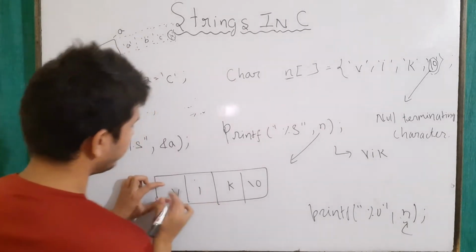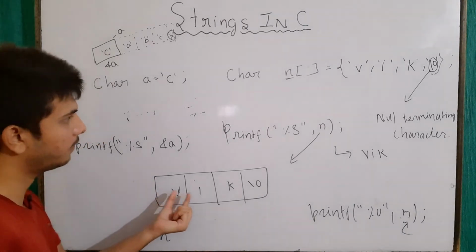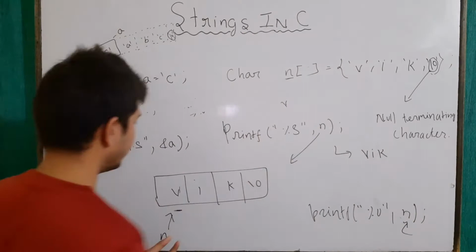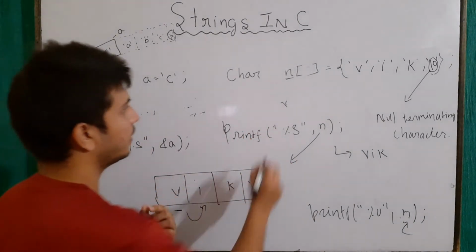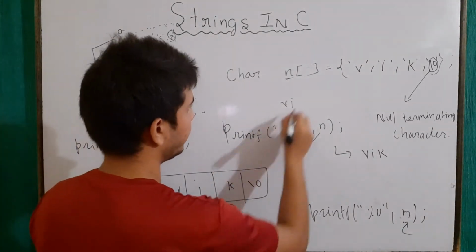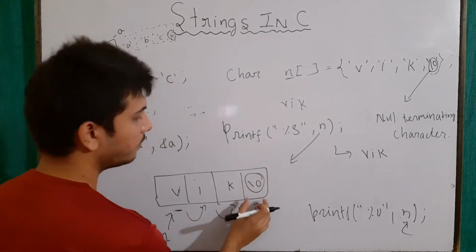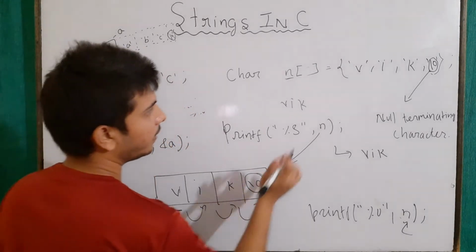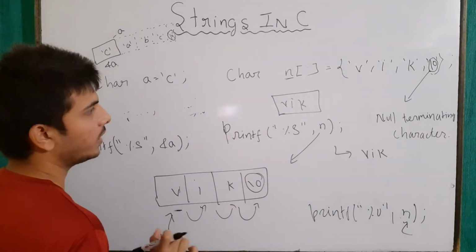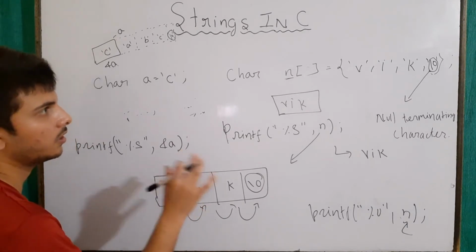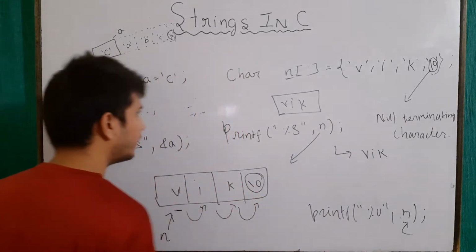It will first see this address and whatever is present in it, it will print. So it will first print V, then go to the next address and see what is present there. It is I, so it prints I, then K, and then it will encounter the \0 character. As soon as it encounters \0, it will stop and our output will be VIK. So we can also say that a string is a collection of characters terminated by \0.